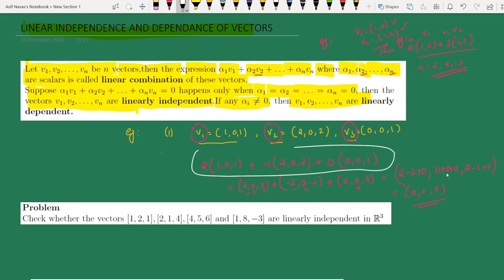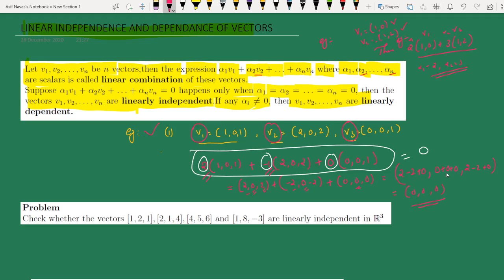So this linear combination is equal to 0, right? So what are the scalars? 2, minus 1, 0. Here 2 is not equal to 0, minus 1 is not equal to 0, still the combination is equal to 0. So what can you tell about these vectors? Is it linearly independent or dependent? Dependent.